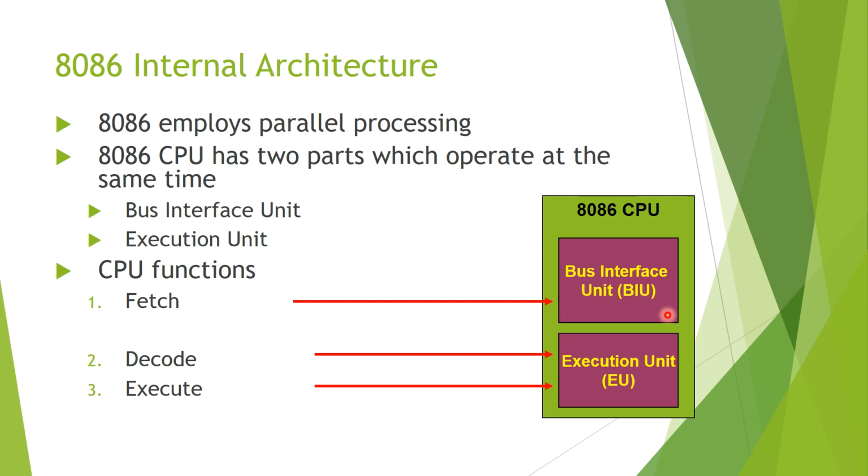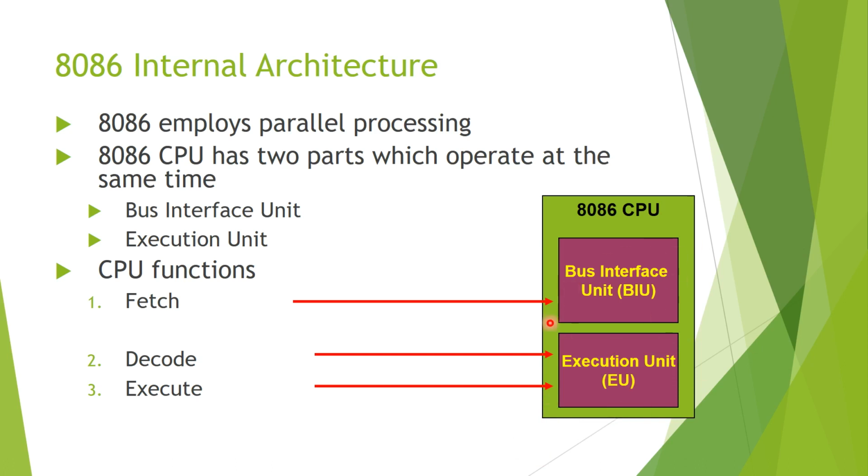All the communication is performed by this BIU, and the execution of the instruction, such as decoding, execution, and doing the arithmetic and logical operations, is performed by the execution unit.